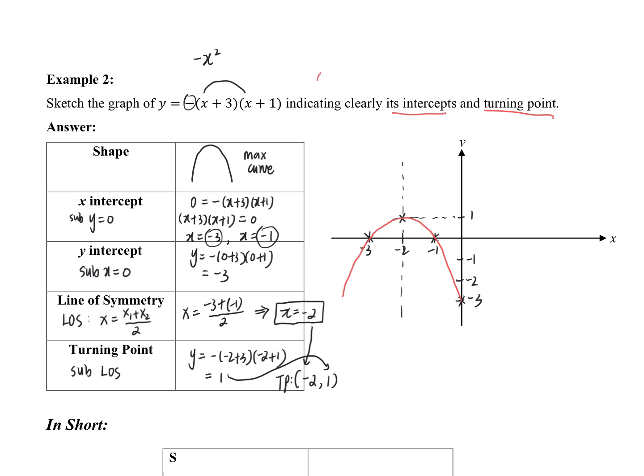But if they say indicate clearly the coordinates, then go and write out all this. One more extra point for that. Okay? So if you want, you can complete it with writing the equation, as a closure.